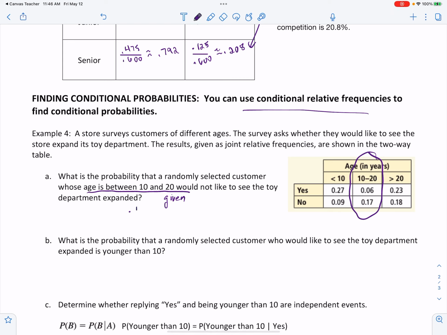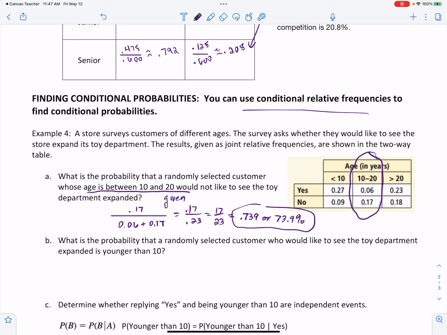Well, that was 0.17 out of the total of that column, because we limited it to just those people between age 10 and 20. So that becomes 0.17 over 0.23, which is 17/23, about 0.739 or 73.9%.